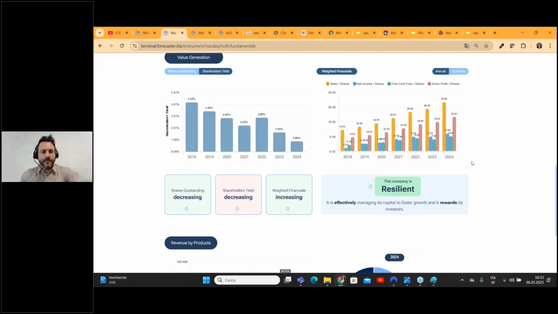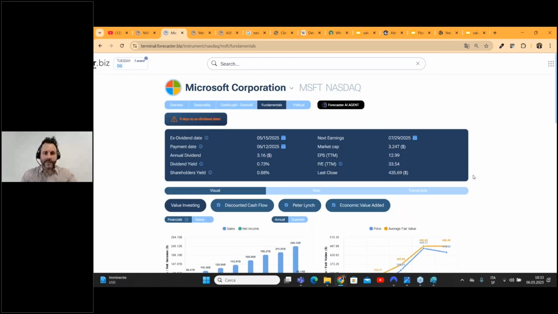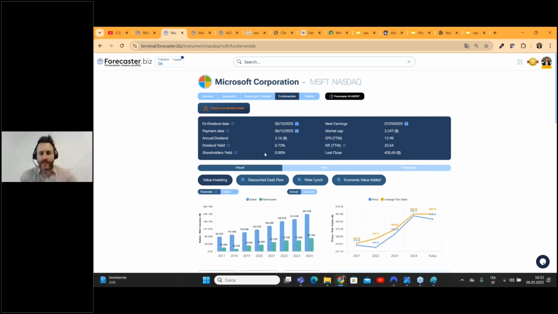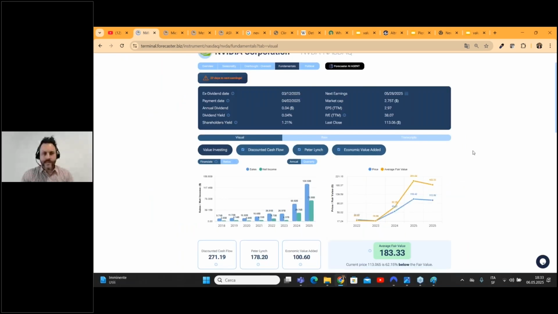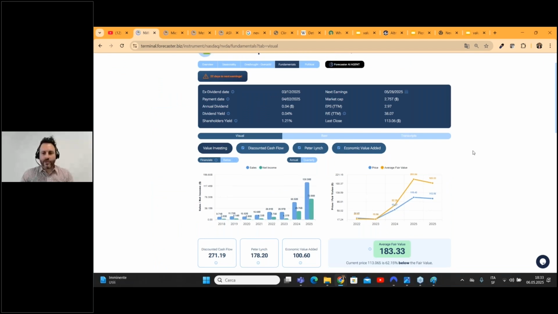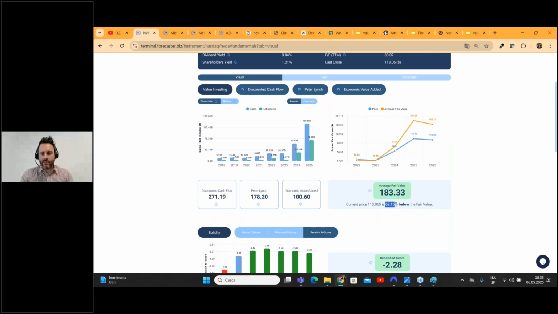So in this case, guys, talking about Nvidia or Microsoft, let's talk about Nvidia, which is the example we would like to make. As I told you, first of all, we can see the under or overvaluation. In this case, we have an undervaluation of 62%, which is very interesting.